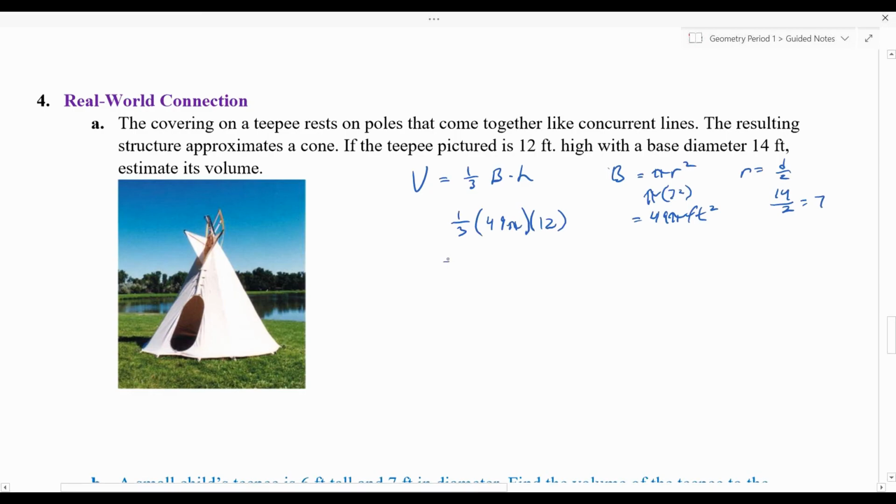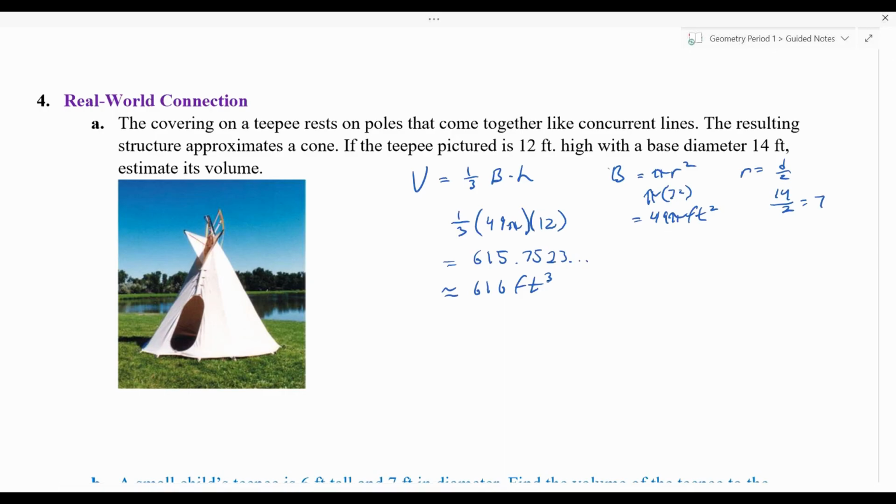When you multiply all together, you get 615.7523, and it keeps on going. So this approximates to 616, and the units are in feet, so it is cubic feet. And that is the volume for this Tepee.